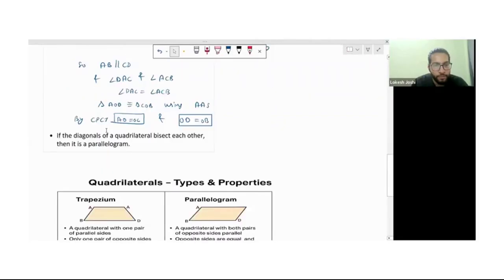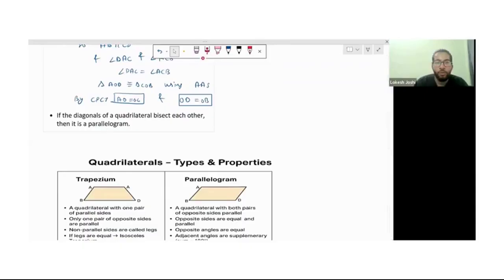Now the last property for the parallelogram is that if the diagonals of a quadrilateral bisect each other, then it's a parallelogram. It's just the converse of the previous one.